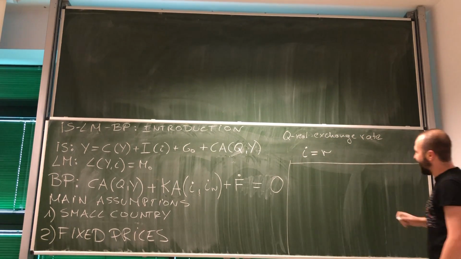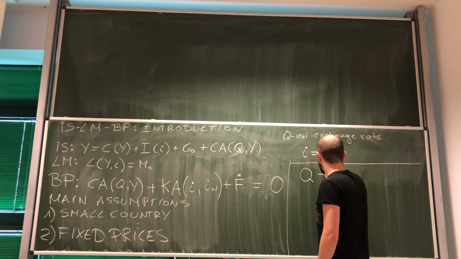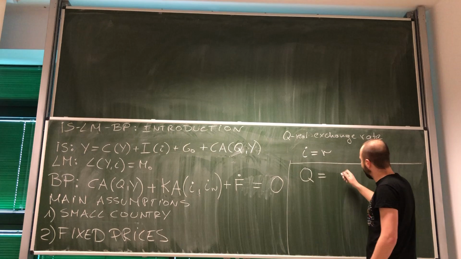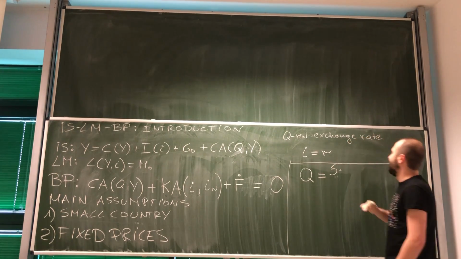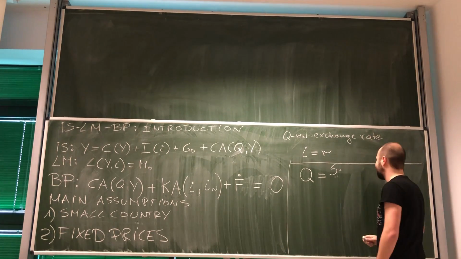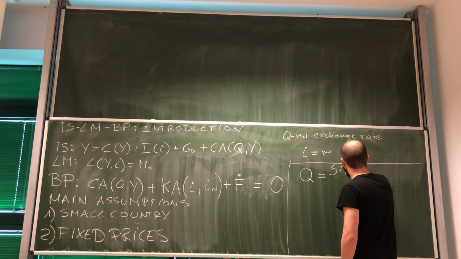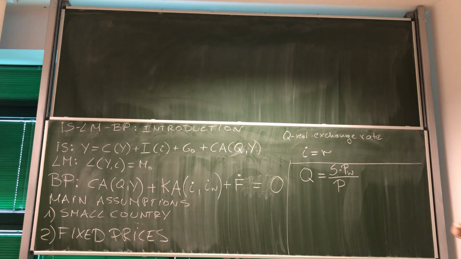Because look, real exchange rate is defined as S, which is a nominal exchange rate, which I'm going to define in a second, times price level in the rest of the world divided by price level at home.